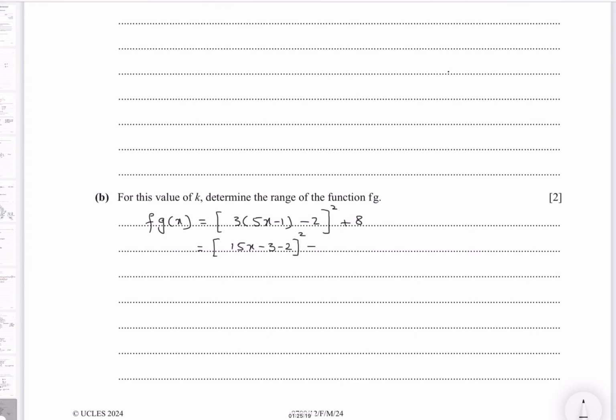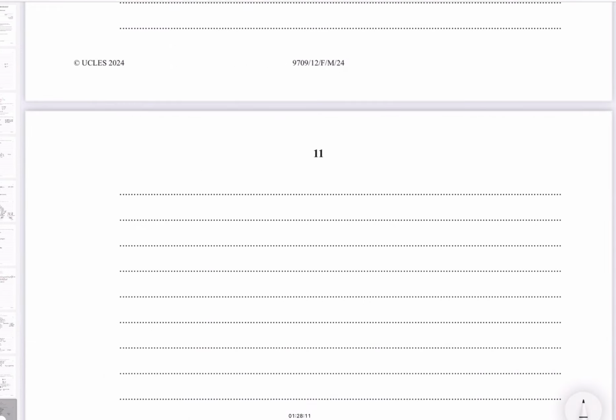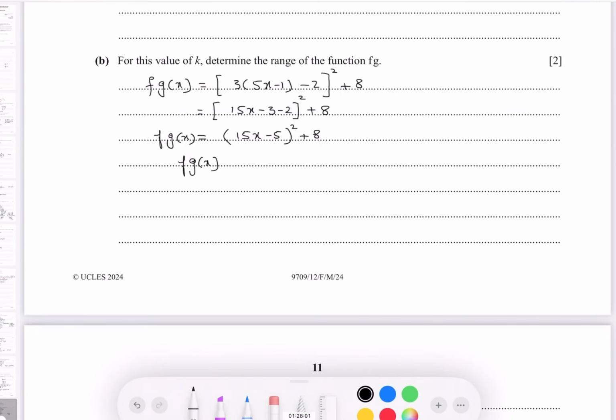So now write it like this. I'm just simplifying it inside the bracket. So it looks like this. So this is our f of g of x. So we have to find its range. So its range would be greater than or equal to 8.